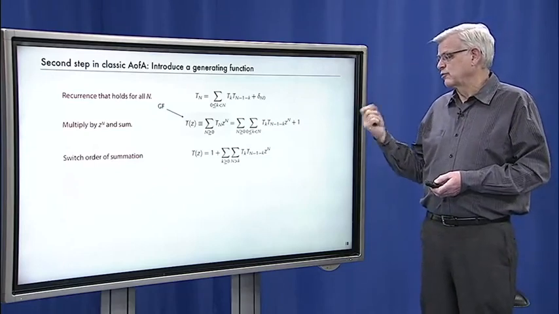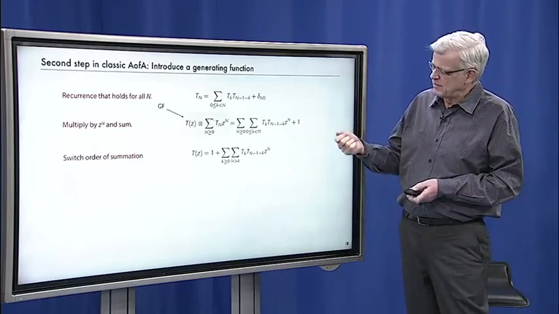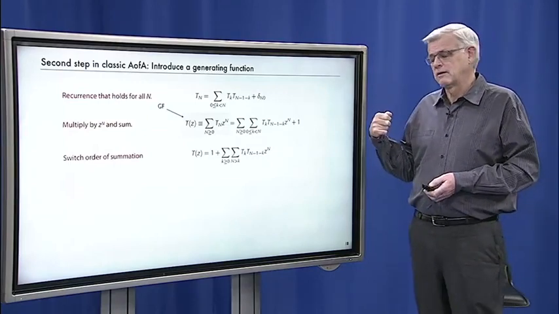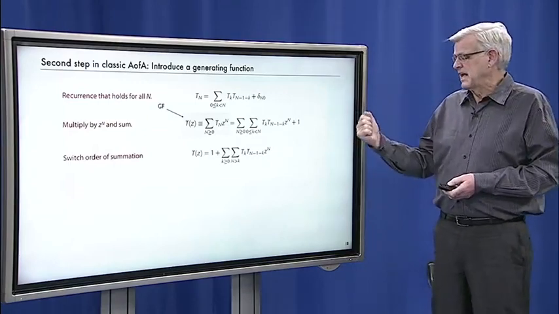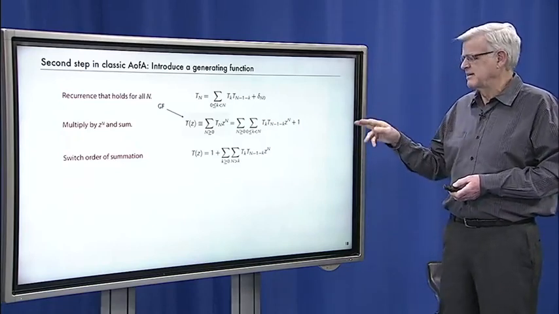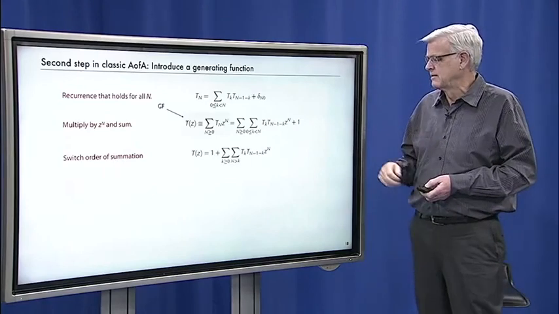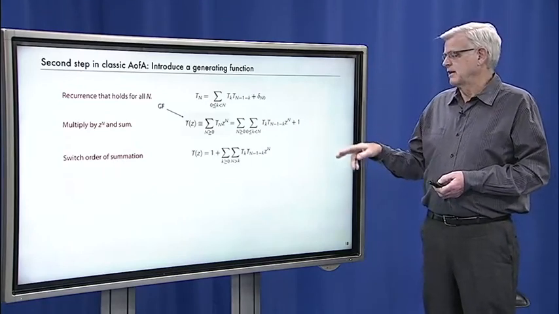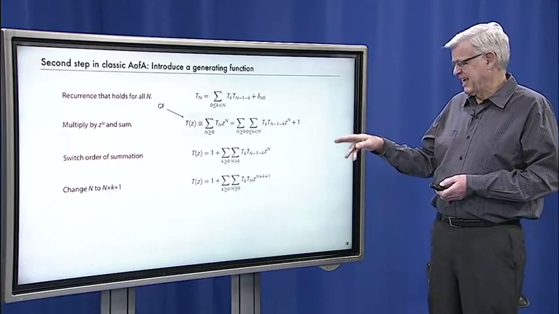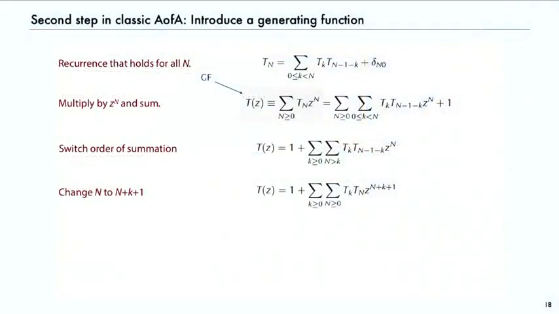And the way to do that is to switch the order of summation, put the sum on n inside, the sum on k outside. So it's the sum over all positive k, sum over n bigger than k, t sub k, t sub n minus 1 minus k, z to the n. And then the next thing you can do is change n to n plus k plus 1, and that'll allow us to separate the sums.